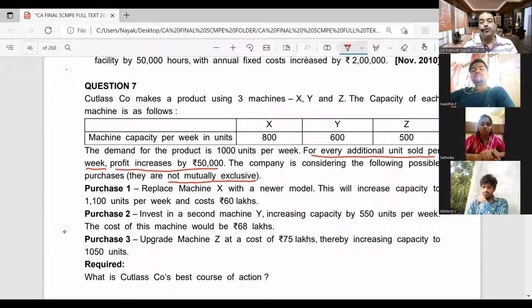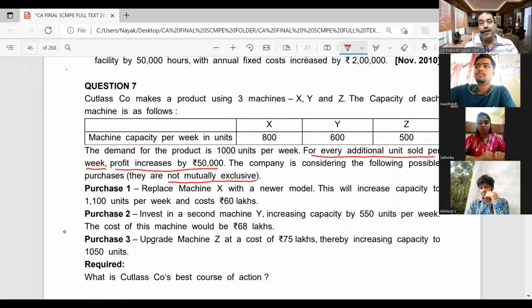Option 1 plus option 2, option 1 plus option 3, option 2 plus option 3. Check all the possible combinations. Then option 1 plus 2 plus 3. That is also possible. So when they say not mutually exclusive, that is why I purposely took this, because I wanted to show the difference between question number 6 and question number 7.